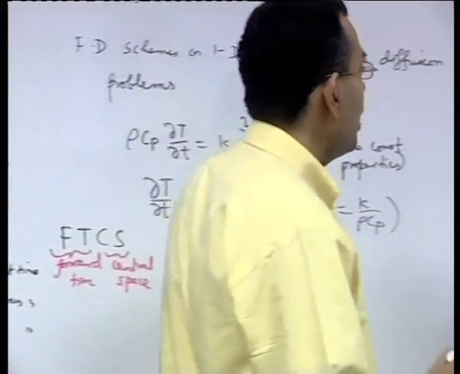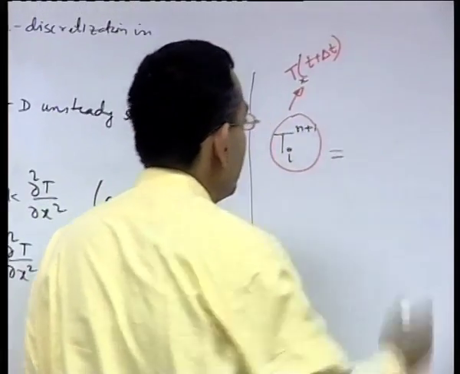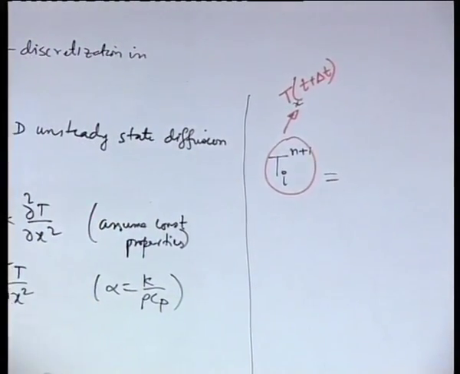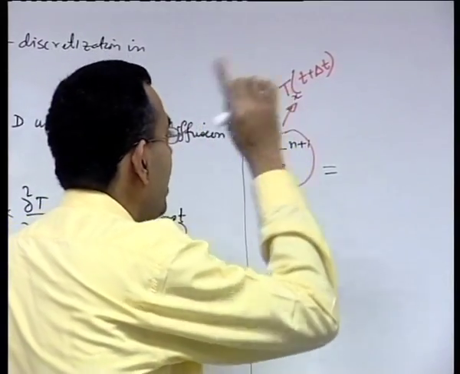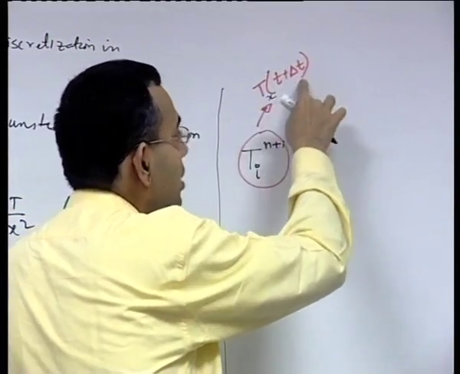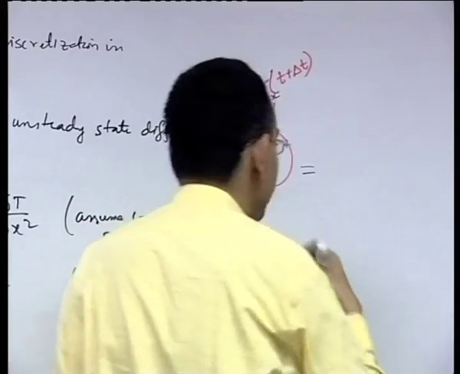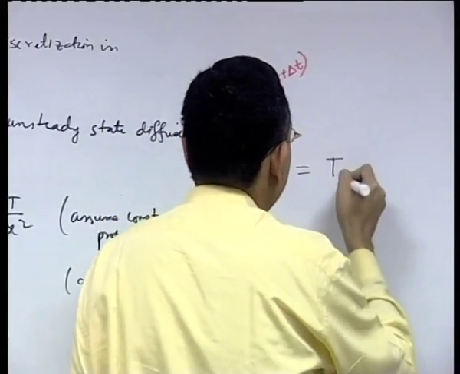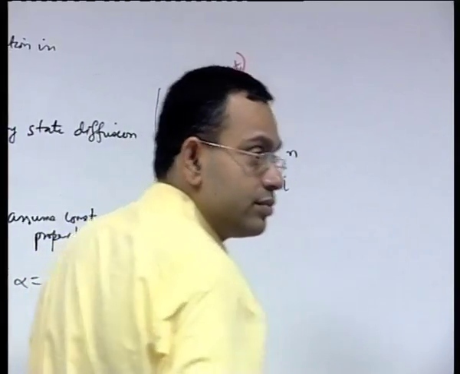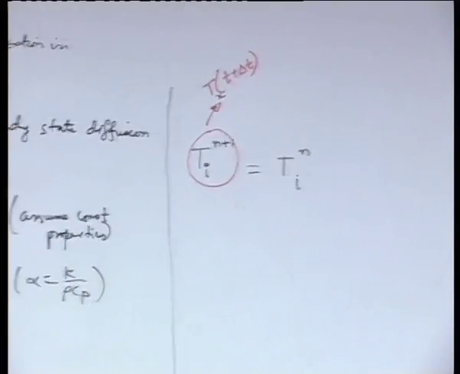So, T I n plus 1 is equal to, keep in mind that we are writing t at time t plus delta t, we can write it in terms of t at time t. So, we can write this as T I n.